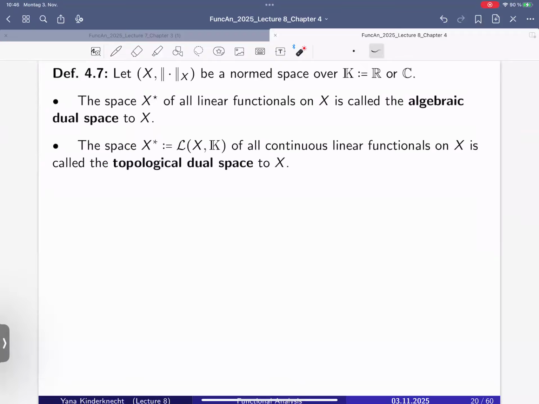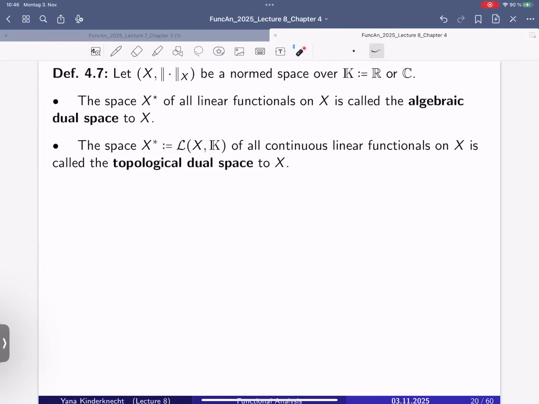This notation is for the space of all continuous linear functionals, or equivalently of all bounded linear functionals on X, from X to the field K. This space is called the topological dual space to X. So we are interested in this course in this space, not in that one. Historically, probably the algebraic dual came first, with the notation X star, and then the topological dual.